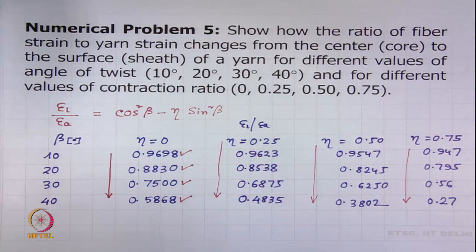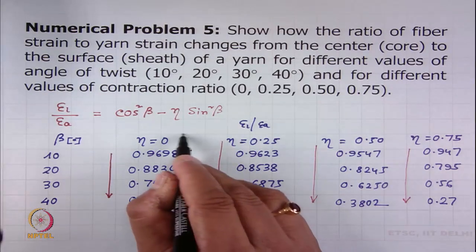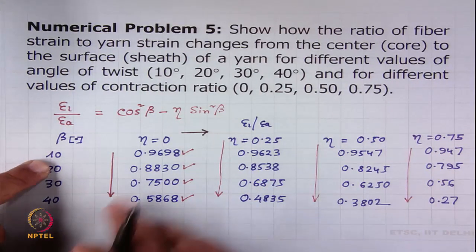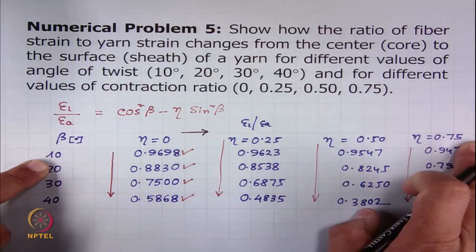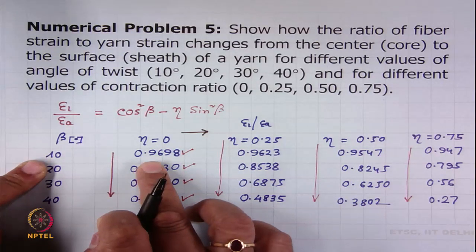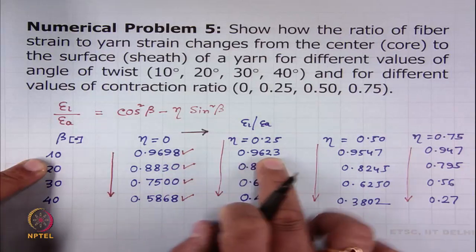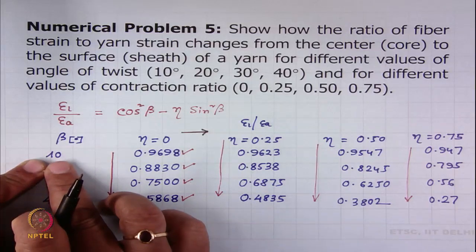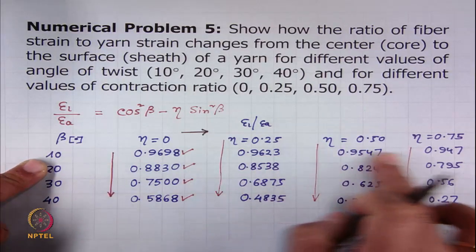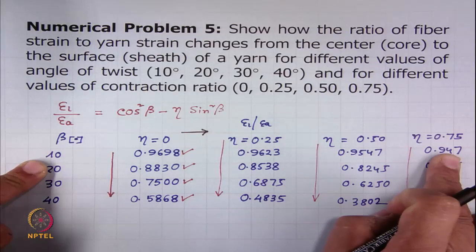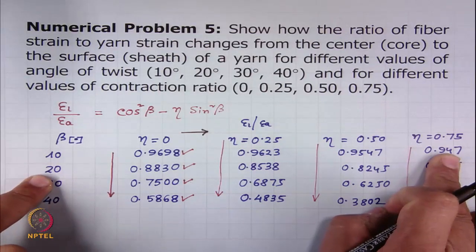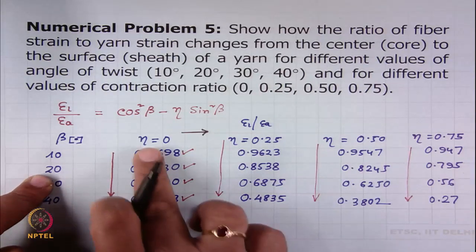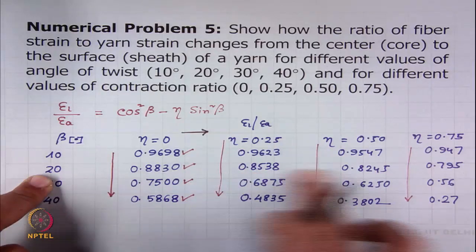Now if we go along this way, for a given twist angle, when contraction ratio increases, the ratio of fiber strain to yarn strain decreases. However, when beta is less, this effect is less. When beta is a little high, as 20 degree, then we see as the contraction ratio increases, the same trend is there.